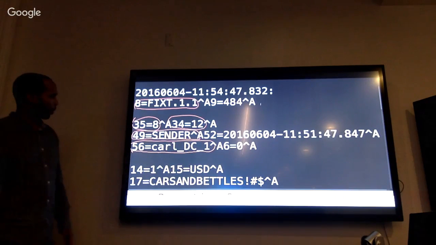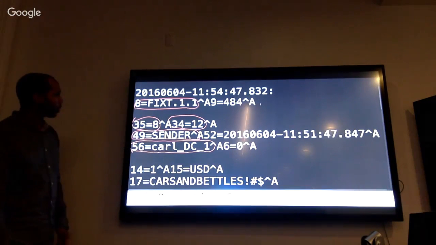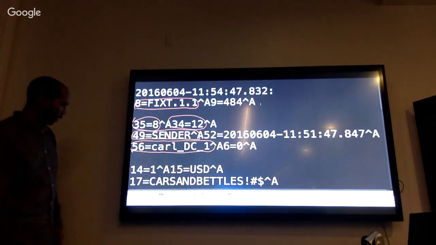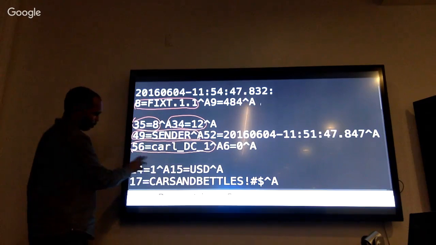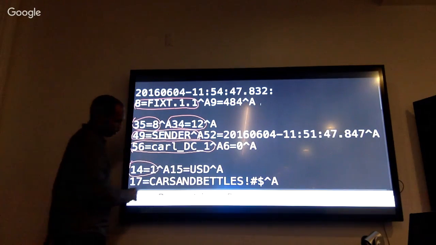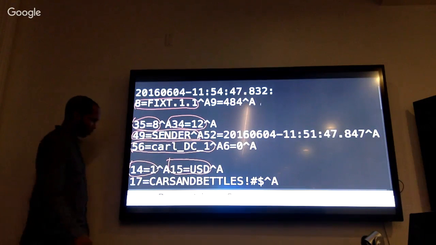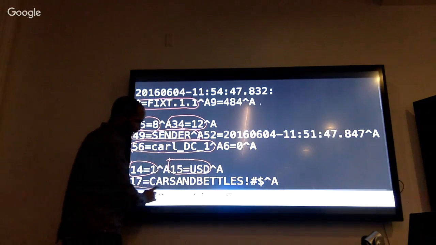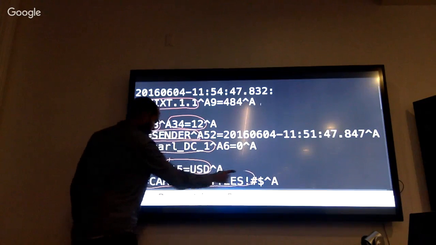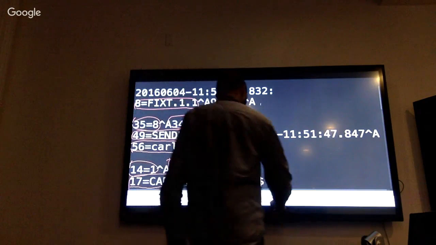It's a message from sender to target. And I know we're not even getting to the repeating group stuff. Now you see some standard execution report values. Quantity, how many shares. We see the type of currency, US dollars. There's an execution ID here. So that's the first screen.